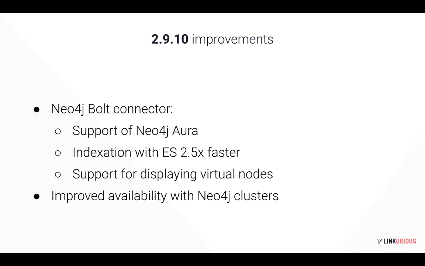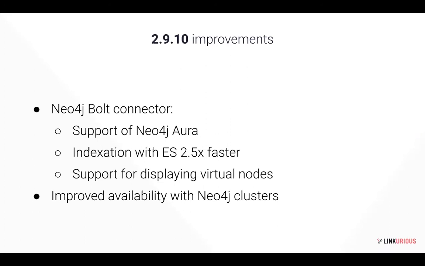Also, we have identified that with this Bolt connector, the transfer of data is much faster, and so it tends to speed up the indexation when you are using Elasticsearch, and in that case, it can be up to 2.5 times faster.